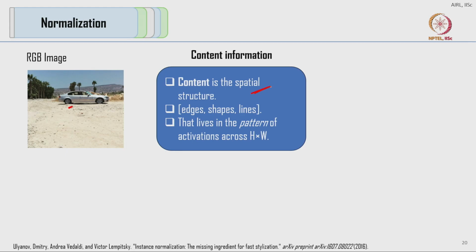This is highlighted by edges, shapes or lines, and this is generally observed in the activations across height width. So I do not need any other information. If I look at this particular height width feature map, I can observe that there are edges, shapes and lines, and this gives me meaningful content information about the car.